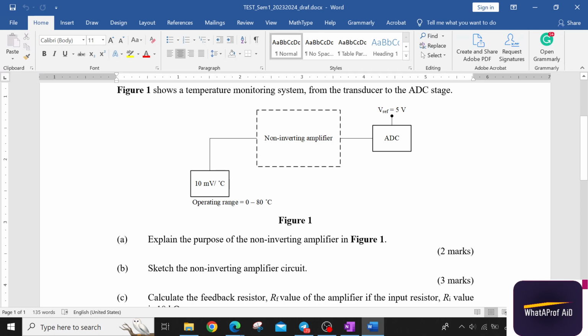What is the VI, the amplifier input here? This is the VI, correct or not? This is the VI, and then you have the amplifier. This should be the V out. Okay, VI here, V out here.